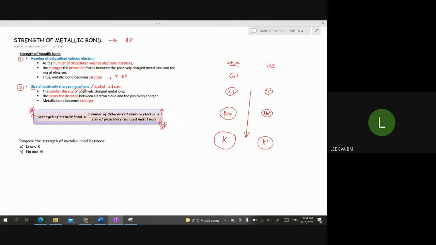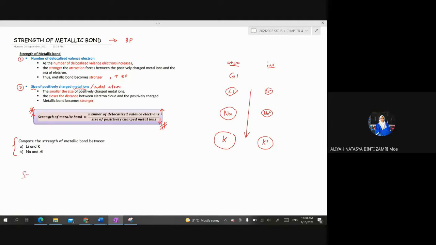Okay, first one, lithium and potassium: which one has the stronger metallic bond? The example here is not in the notes, so you can copy it down. Compare the strength of metallic bond between lithium and potassium. Which one has a stronger one? Lithium. Why lithium? Smaller size.